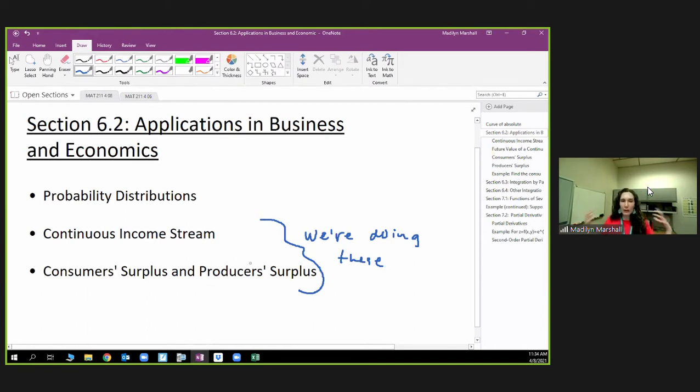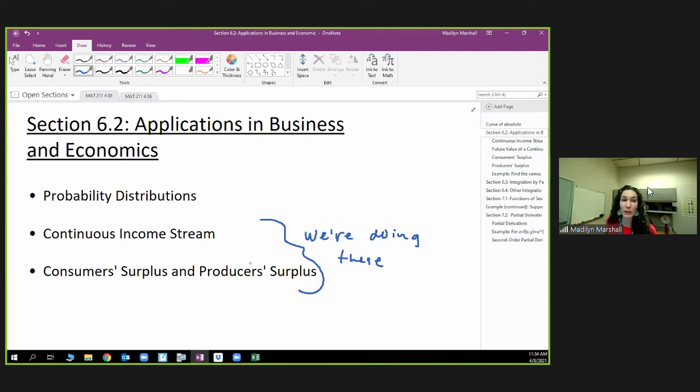So most of section 6.2, the work when you're doing these problems is knowing what formula to use and knowing what to plug in where. So we're going to have a few different formulas in this chapter, none of which you need to memorize. You will be provided the necessary formulas on your test.